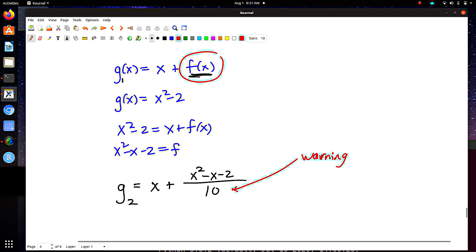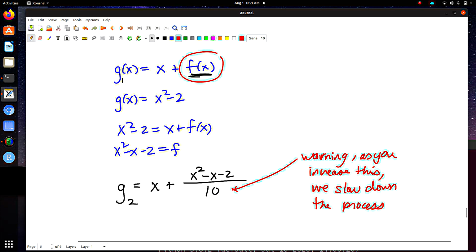If you're like me, you're thinking, why don't I just crank this up? Why don't I just make this 1,000 or 10,000? As you increase the thing that you're dividing f by, we slow down the process. If you divide by something that's too high for what you need, you're just going to be sitting there forever. But we have modern computers that are very fast, so you may not notice.